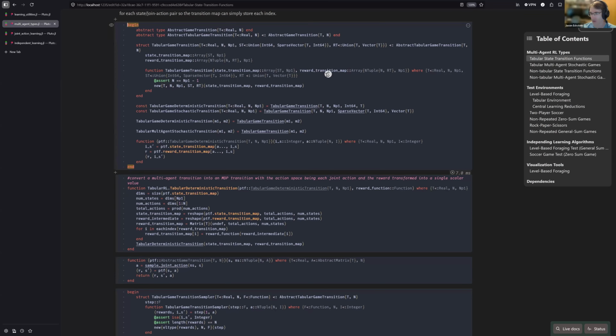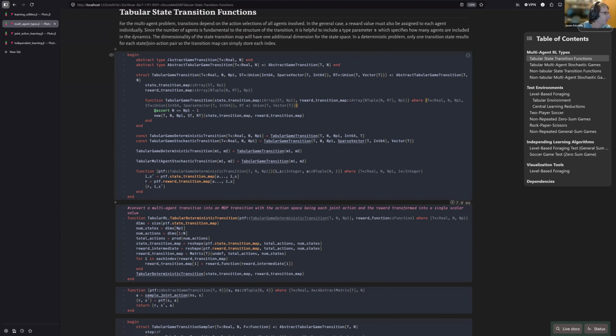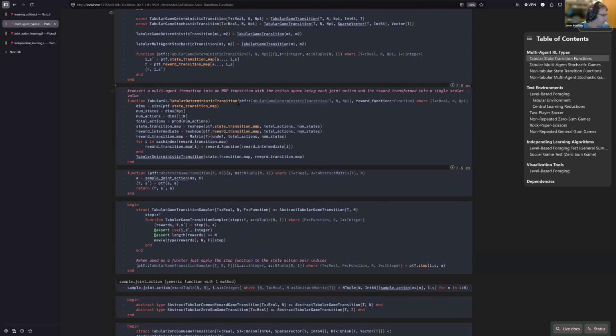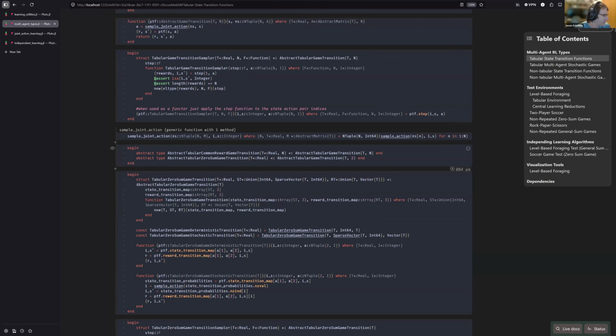I'm just showing here some of the code I have written so far for multi-agent learning. And this was code for the first part of the book where we dealt with tabular problems. So we can represent the transition functions more directly with these lookup tables that are maps across all of the states. But here, I had defined these different subtypes for common reward games and zero-sum games, because for both of these types of games, you can represent the whole reward as just a single value.